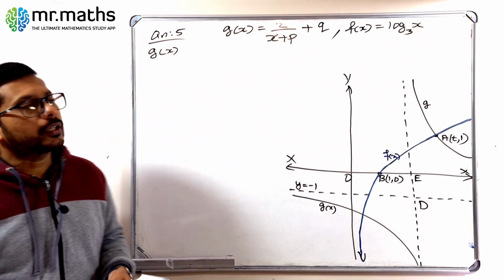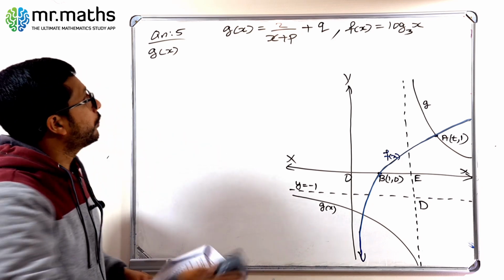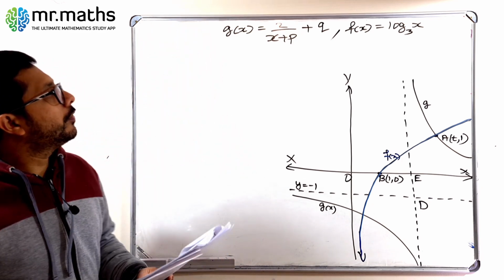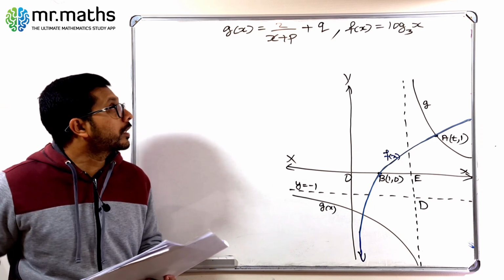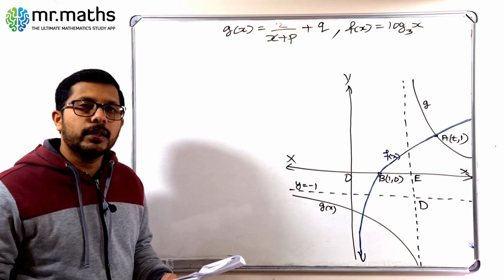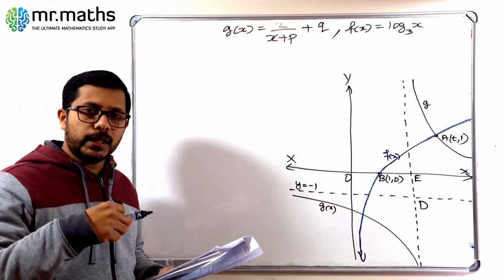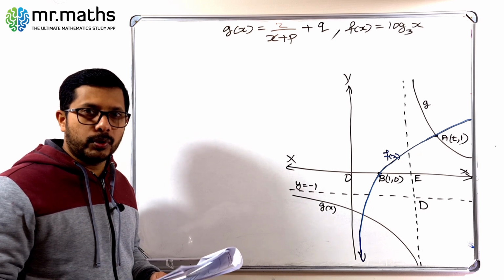Okay, so there are two graphs given, f of x and g of x. G of x is equal to 2 divided by x plus p plus q. What type of graph is that g of x? Is it not a hyperbolic graph? 2 divided by x plus p, that means x is in the denominator, so it is a hyperbolic graph.